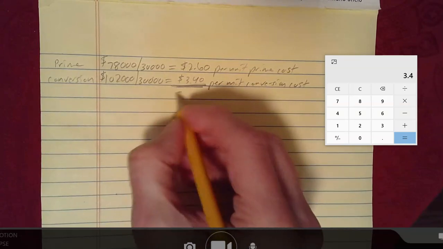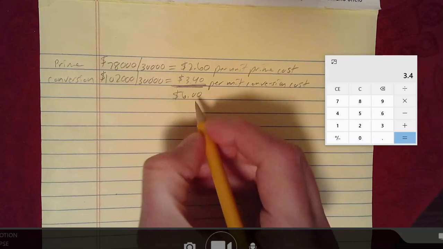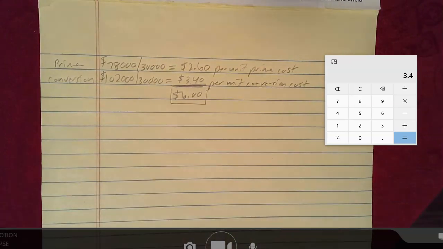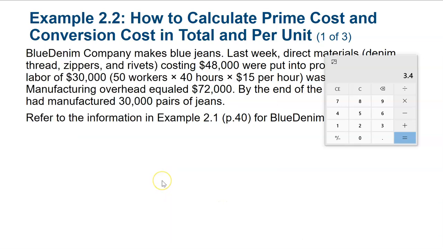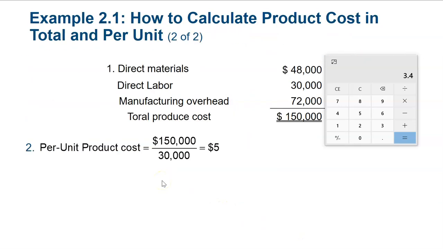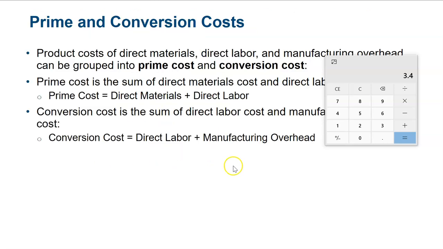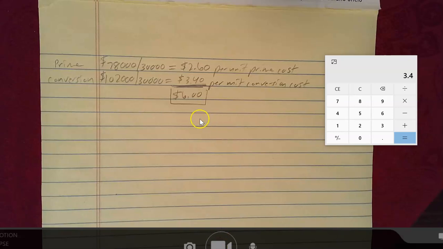Now I want to come right back over here and I want to add these together. Not because we would actually do this, but I'm trying to prove a point. Now notice that's $6. If you recall, our per unit product cost was only $5. So how is it that we came up with $6?